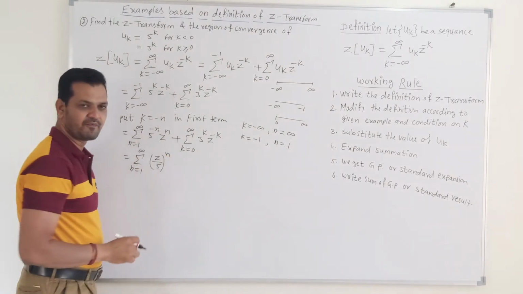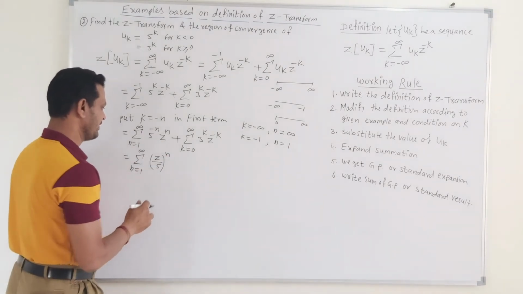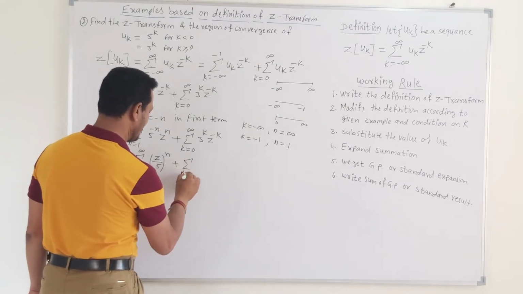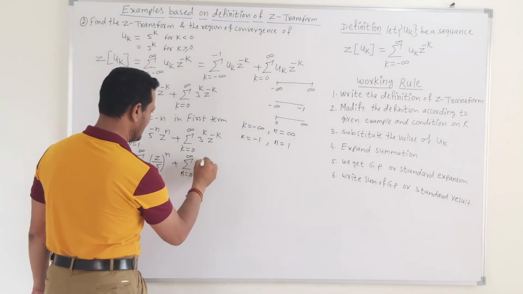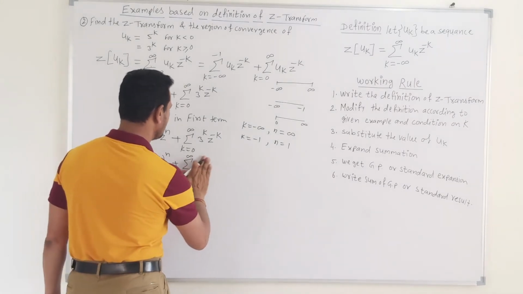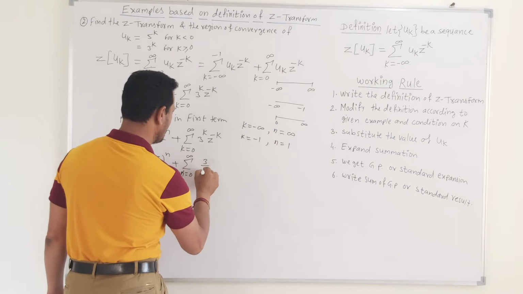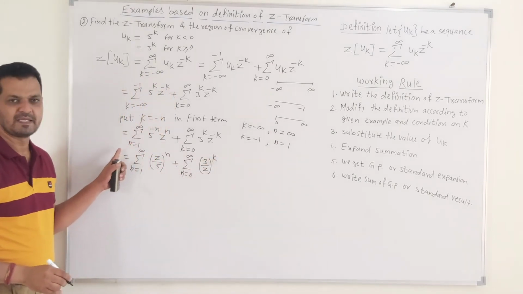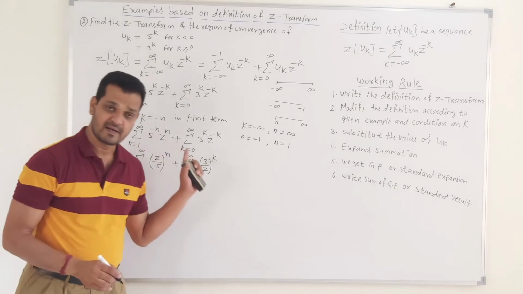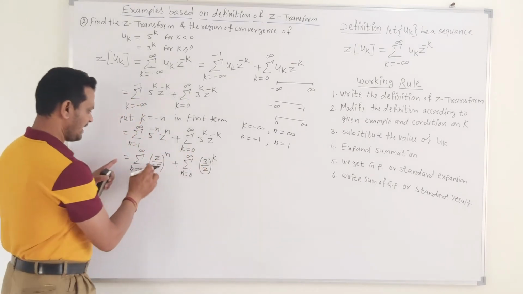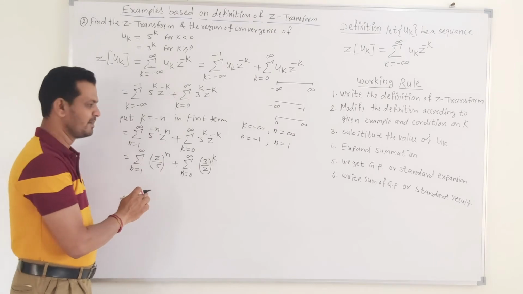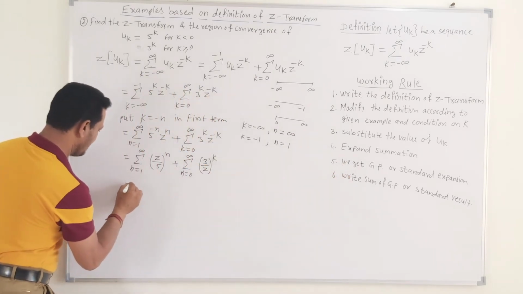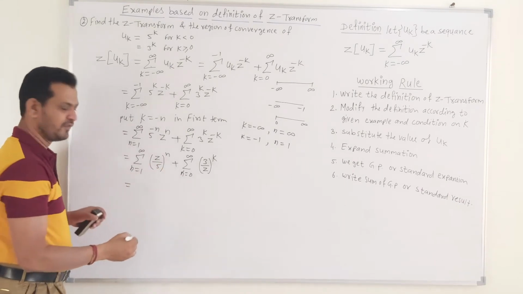This is 5 raised to minus n, so we can write this as z upon 5 raised to n plus this second summation from k is equal to 0 to infinity, and this is 3 upon z raised to k. So friends, here in the first summation the variable is n; variables are immaterial in Z transformation. Now we write this in terms of numerator and denominator so that we can easily get the value of the geometric progression. Now friends, put the value of n is equal to 1 in the first summation sign.